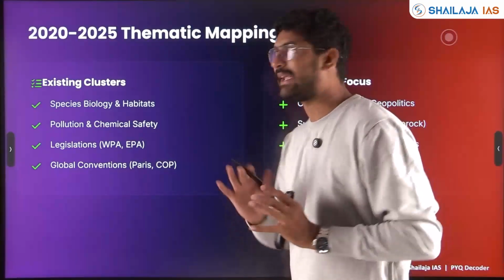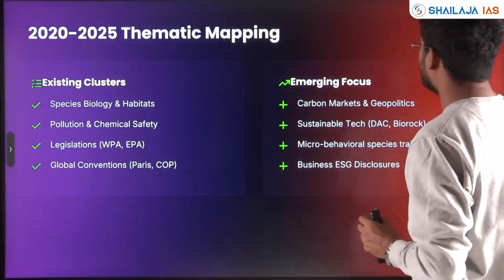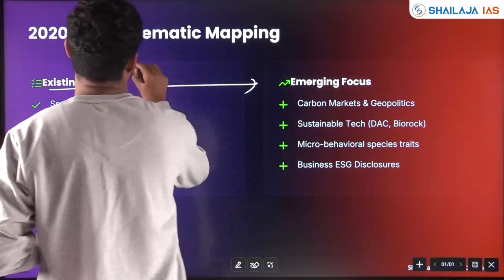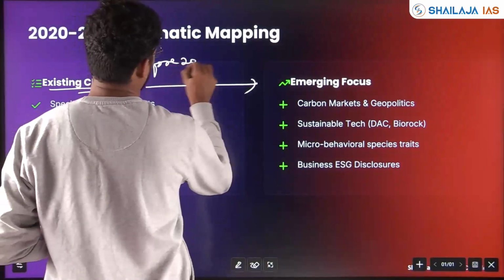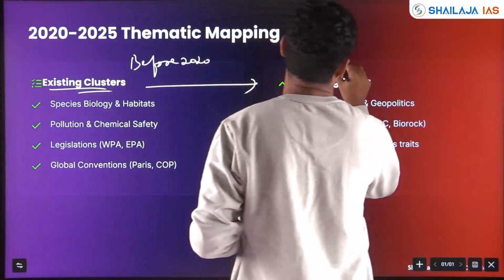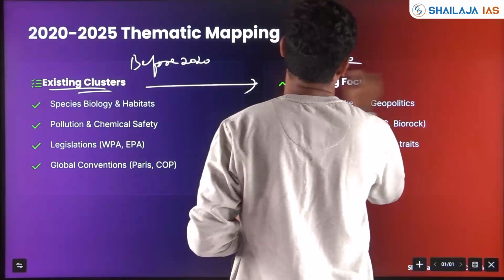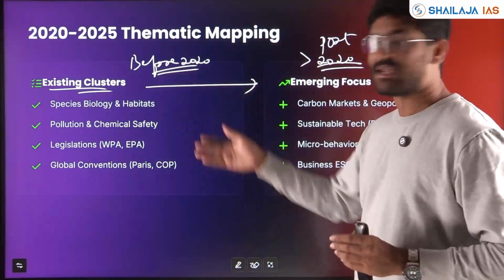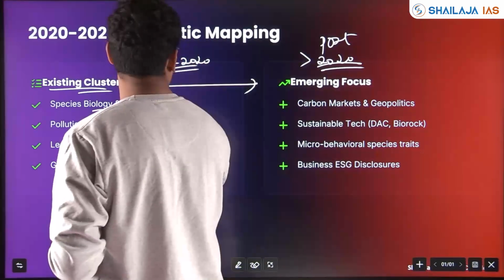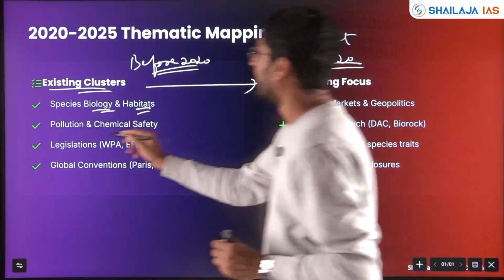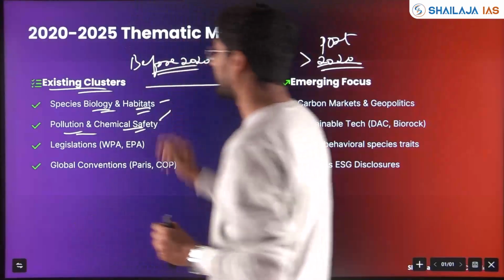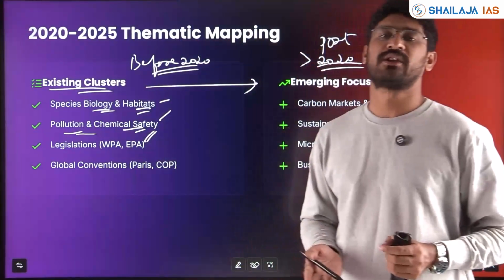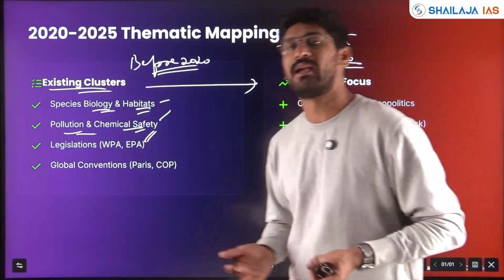Next, what are the trend and thematic mapping? If you see before 2020 and post 2020, the existing clusters of questions asked were on species biology and their habitats, pollution and chemicals and their safety, and legislations directly with respect to the Wildlife Protection Act, Environmental Protection Act, eco-sensitive zones and Biodiversity Act.